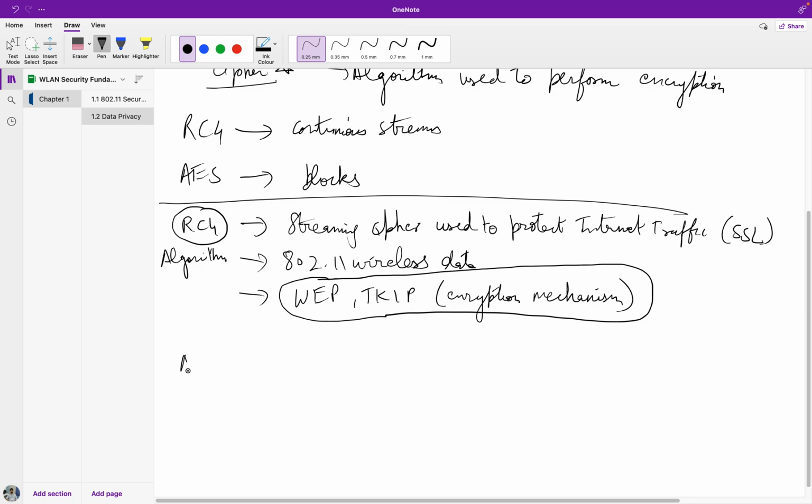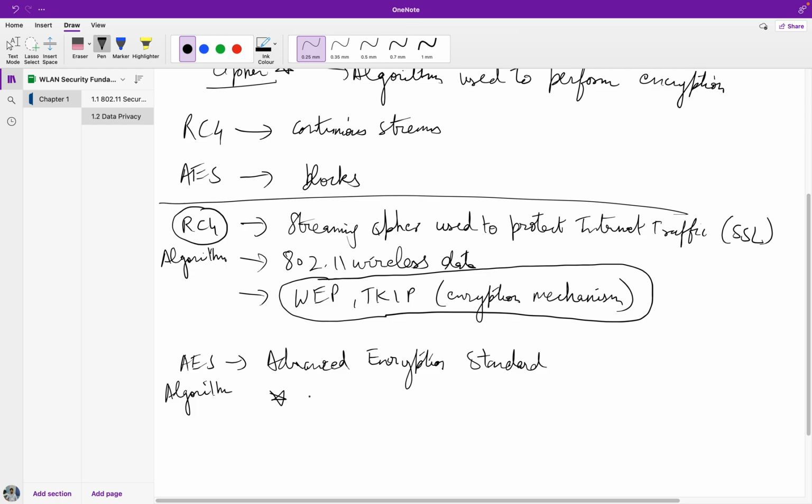The other one is the AES, that is Advanced Encryption Standard, again an algorithm. Now this one offers a lot stronger protection than the RC4 streaming cipher.